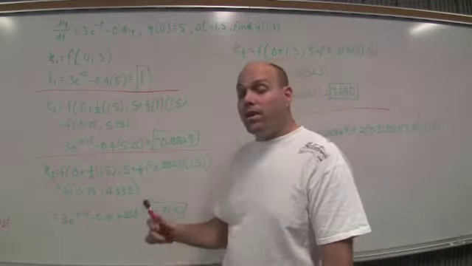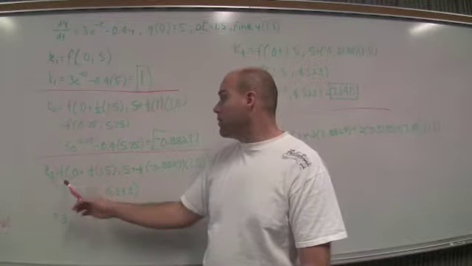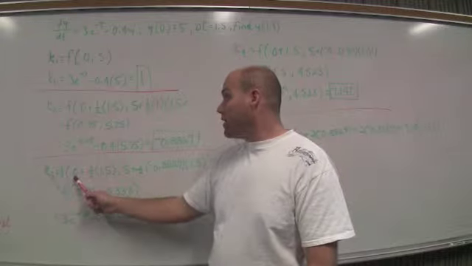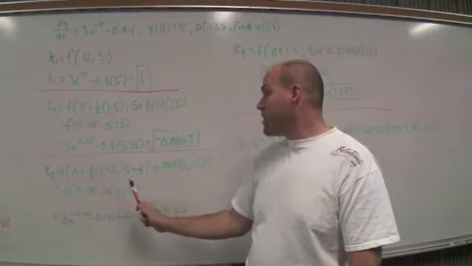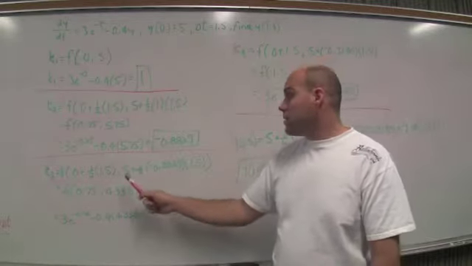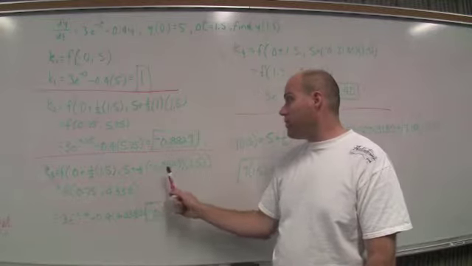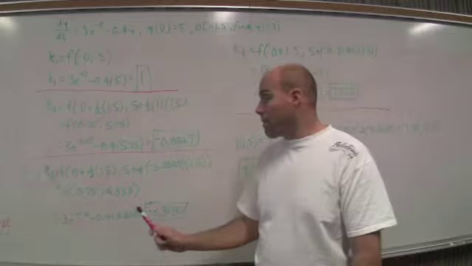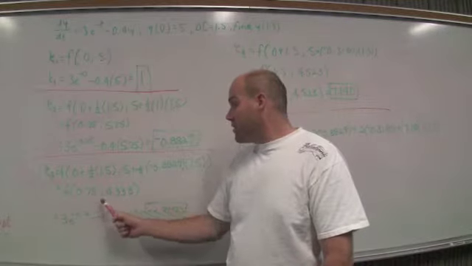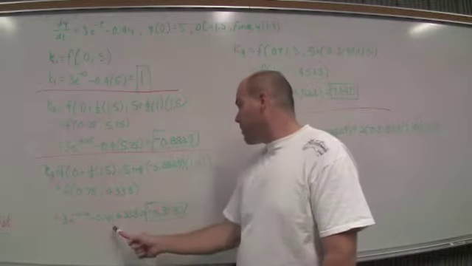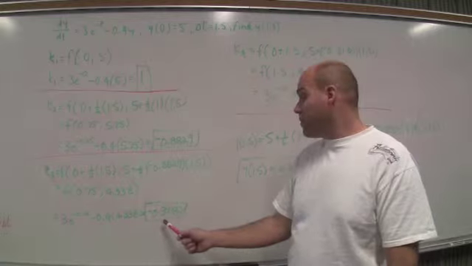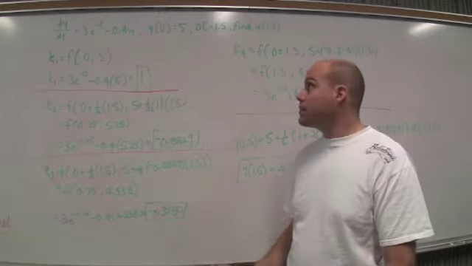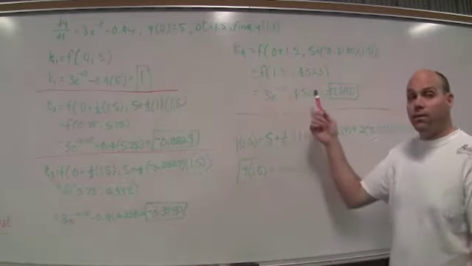Then from there we move on to K3. So we get, again, our x initial plus 1/2 our step size, and then y is our y plus 1/2 our K2 times our step size, 1.5, which gives us these values. We plug that into our original equation, and it gives us negative 0.3180. Then from there we move on to K4.